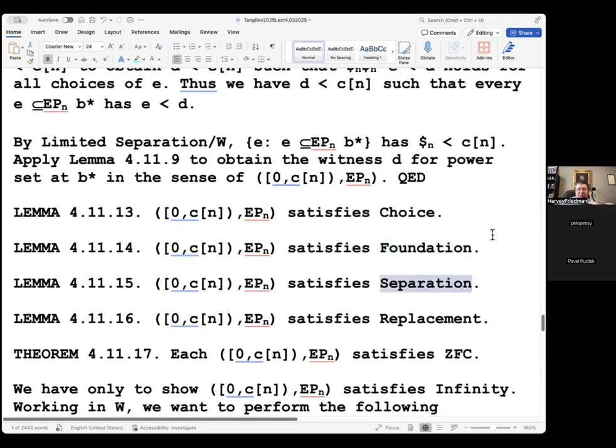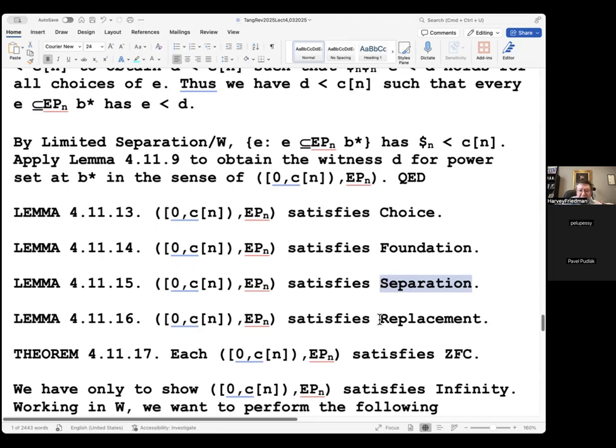Now we get full separation. So we get separation for all first order formulas in EPN, because they are in fact a special case of the formulas we have separation for in capital W. We're trying to transfer the stuff we have in W down to EPN.